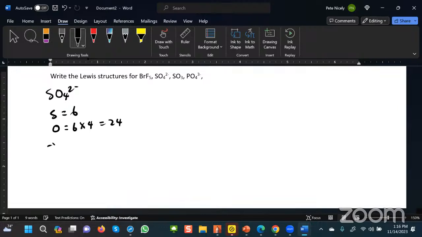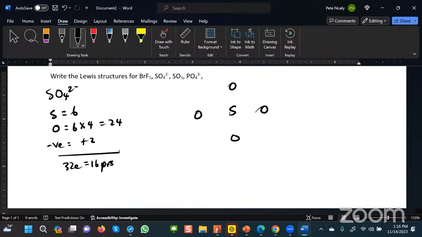Then we have the negative charge. So what does that mean? 2 electrons, all right? So the total here would be 32 electrons, which would be equal to 16 pairs. So we put the sulfur in the middle and surround it with the oxygens. All right?